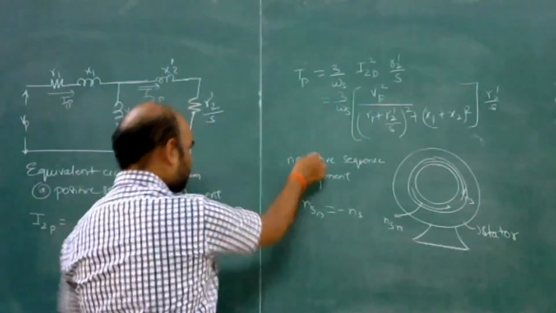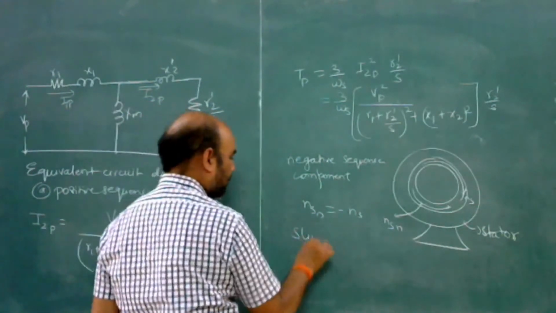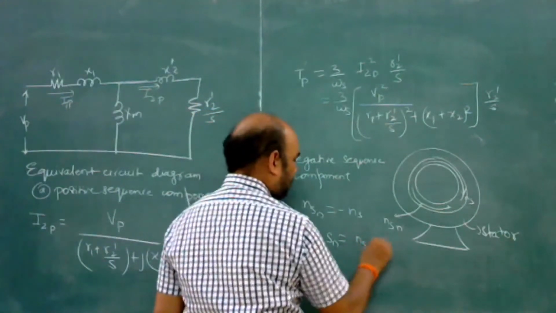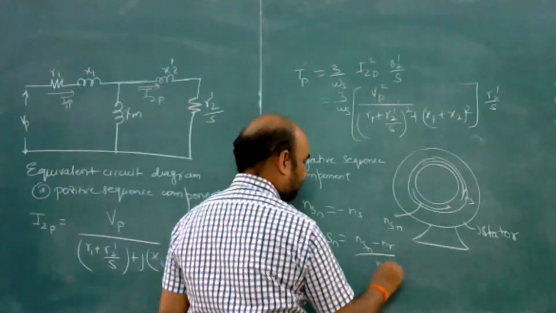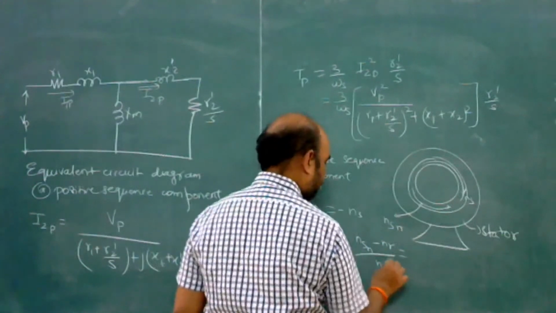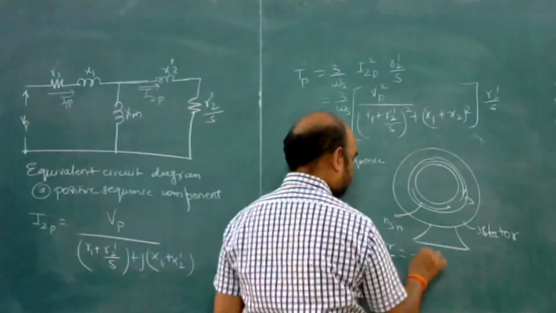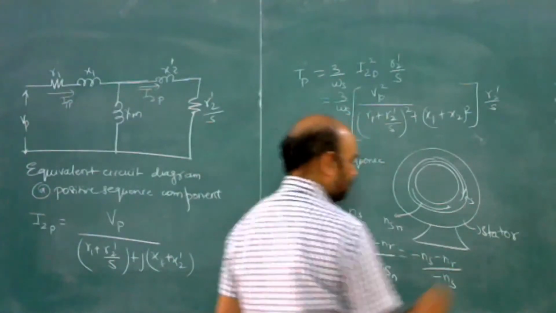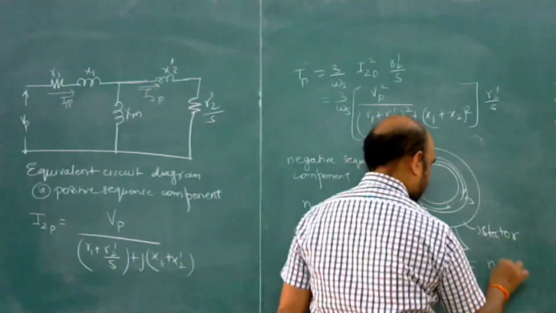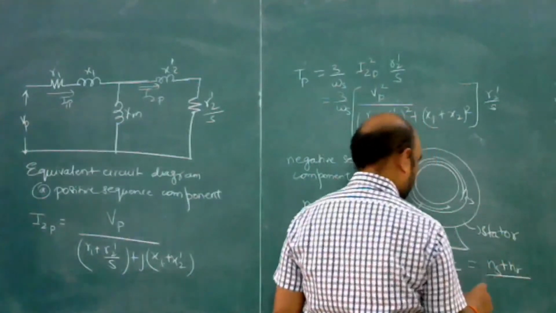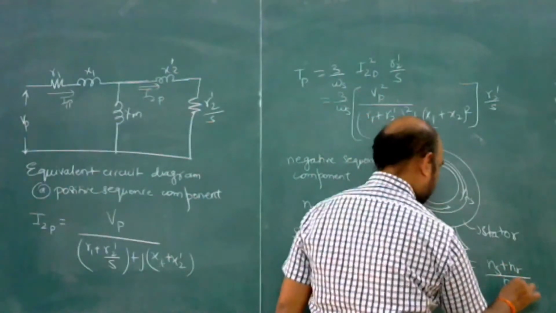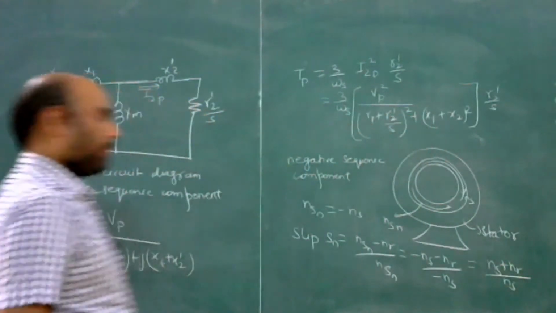Okay, so slip due to this negative sequence component, SN, will be equal to minus NS minus NR divided by minus NS, or NS plus NR divided by NS.